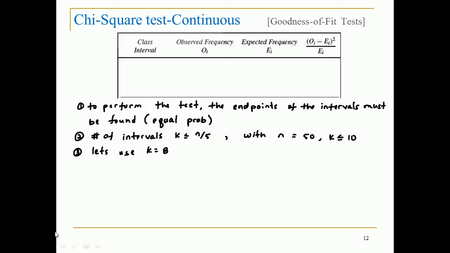So then each interval will have a probability p equals 1 over 8, which is equal to 0.125. Okay?